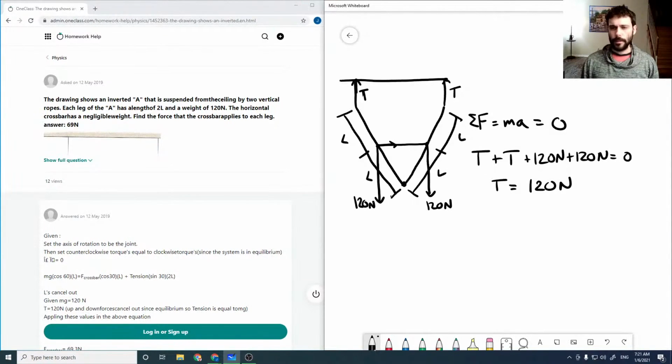So now if we consider this rotational point, that way we don't have to worry about the force of each leg on the other one. So that makes it a bit easier. And so the forces here are a gravitational force, our force due to our crossbar, which I'm going to label as Fc, and our tension.